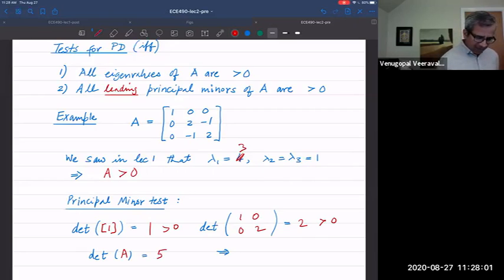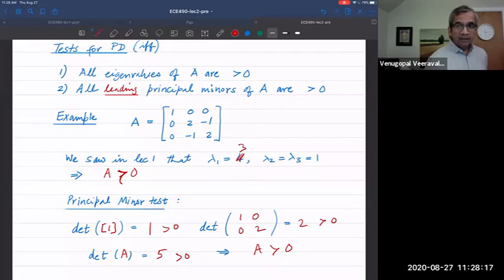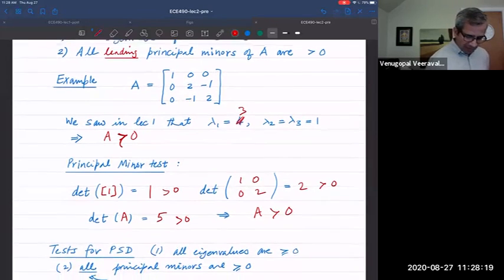It's actually easy to see here. It was 1 times 4, 5, which is positive, which implies that A is a positive definite matrix. All right. So that's one thing.